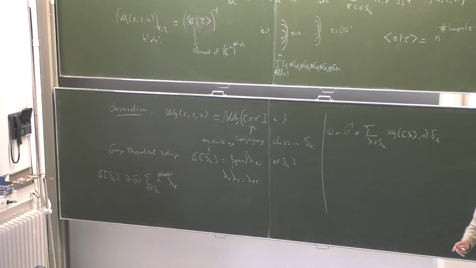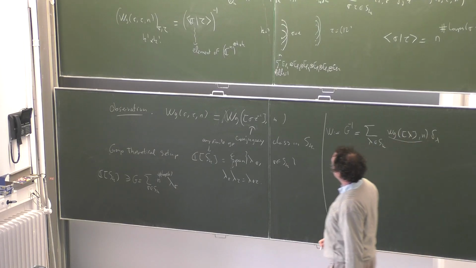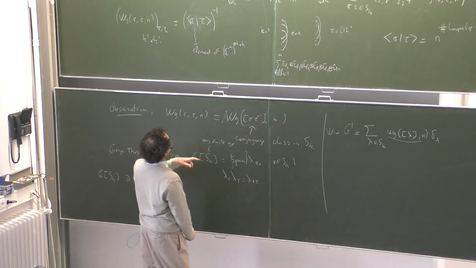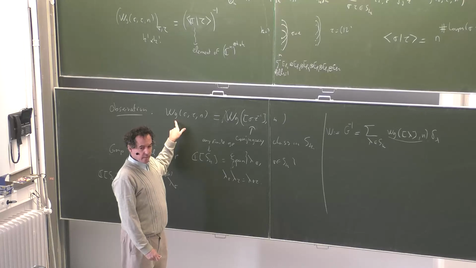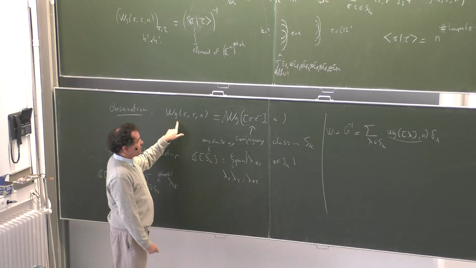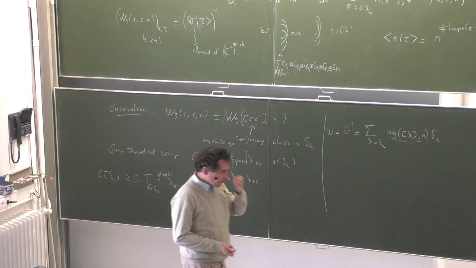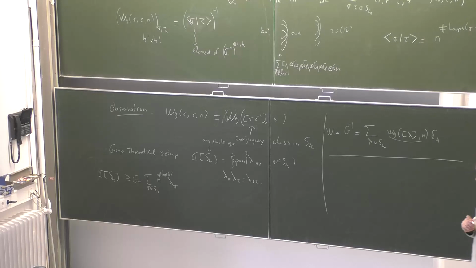So I take the inverse in the group algebra. Then the coefficients which show up if I decompose in the canonical basis are these. So at the end of the day, I managed to compute this with some group theoretic formula. If you want to compute W explicitly, this gives you a formula.